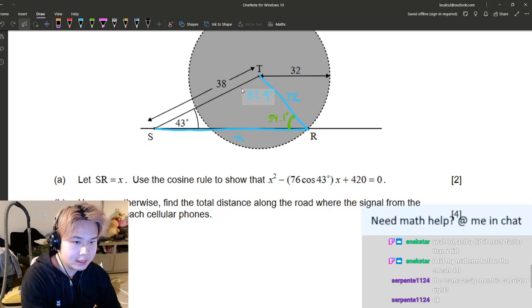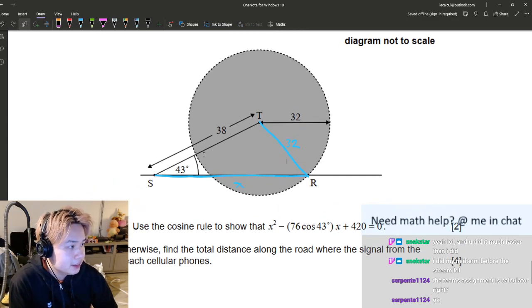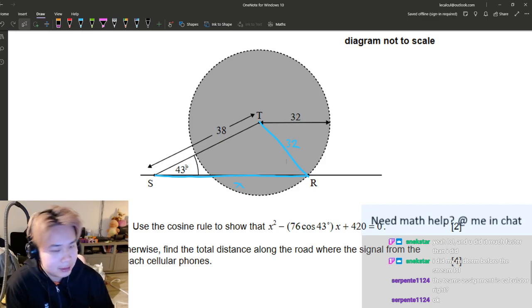I was too focused on using cosine law to solve for x, when I can just use cosine law like this. We have our side, we have our side, we have an angle in between. We can use cosine law.